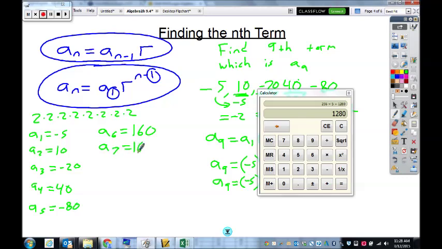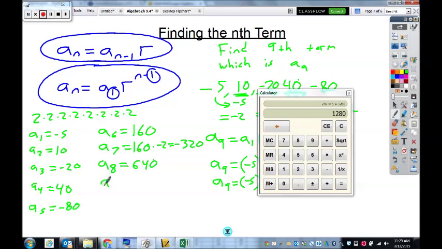So 160 times negative 2, which would be negative 320. A sub 8 is negative 320 times negative 2, which would be positive 640.